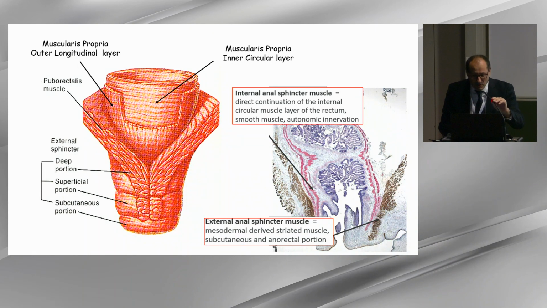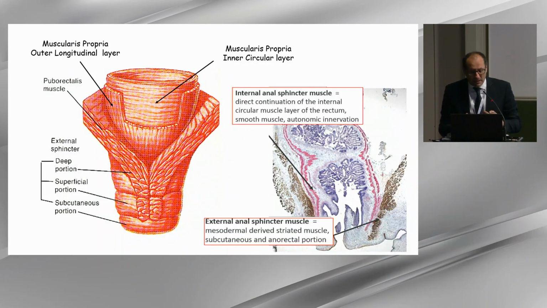Okay, that's okay. So let's start with this review of the anatomy of the anal canal, and we know that the anal sphincters both are muscles, but are completely different kinds of muscles, because the internal anal sphincter is a smooth muscle, a thickening of the circular layer of the muscularis propria, whereas the external sphincter is a striated muscle.